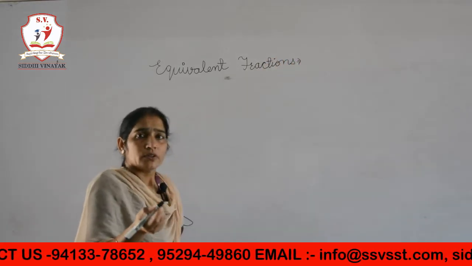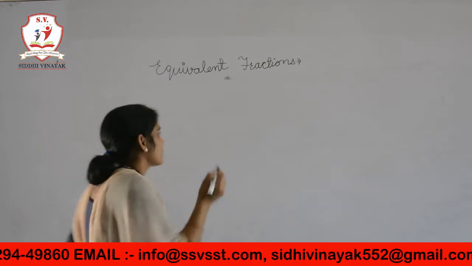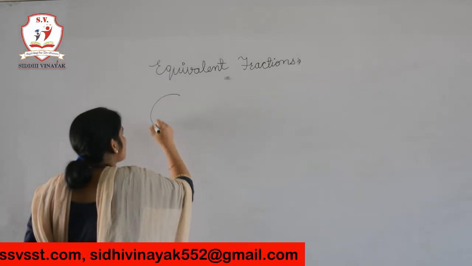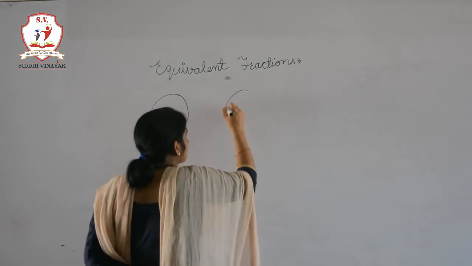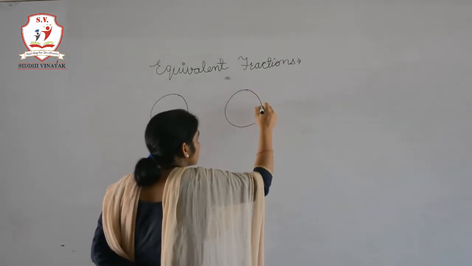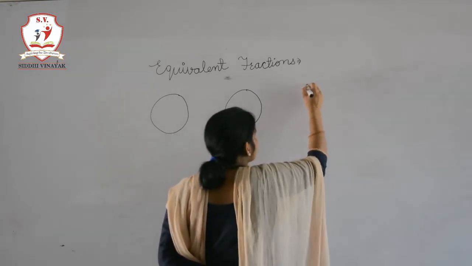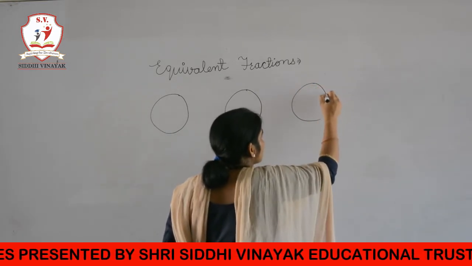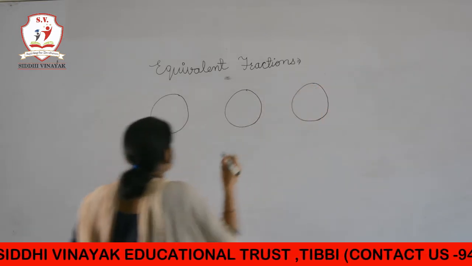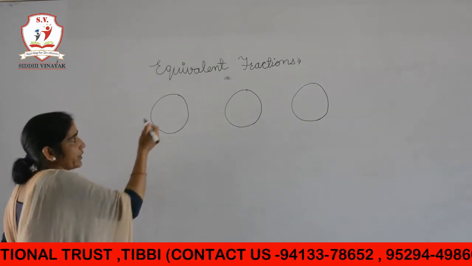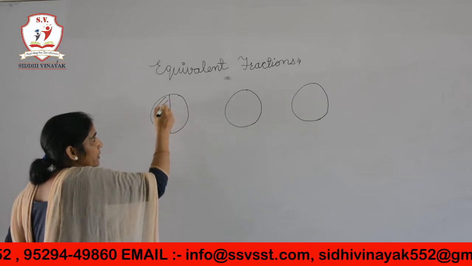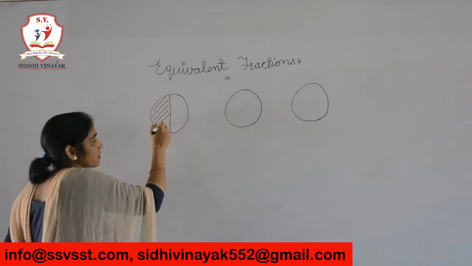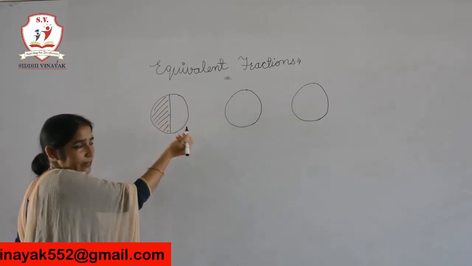We draw some circles of the same size. We divided one into two parts. One part is shaded. Total parts are 2.